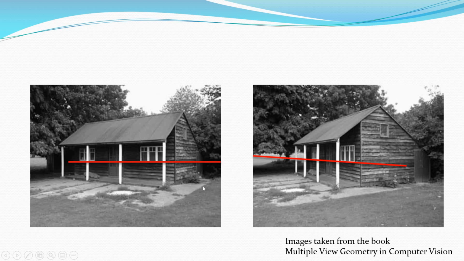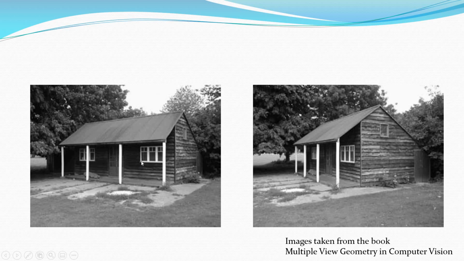This mapping of a point in one image to its corresponding line in the other image is the first thing that we want to do, because if we don't, to find the correspondence of this point I will have to manually search each and every point in the image, which is not very desirable.